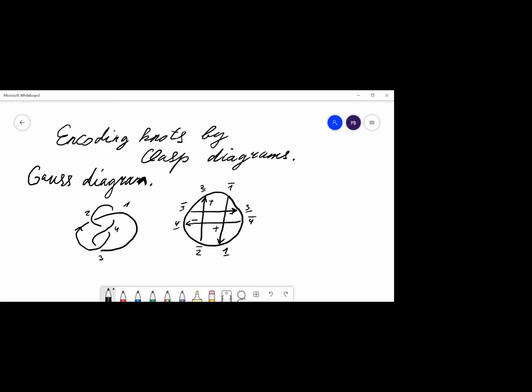There are some rules to represent every crossing with a signed arrow. Gauss diagrams were used for quite a long time, but the problem with them is that when you apply some Reidemeister moves to them, you sometimes obtain virtual nodes that do not really correspond to an actual node. And that's not very nice.